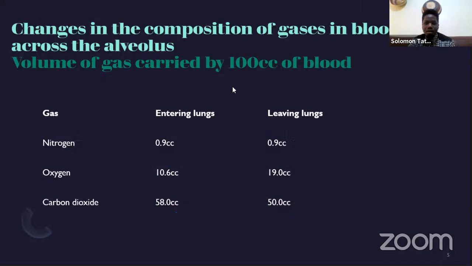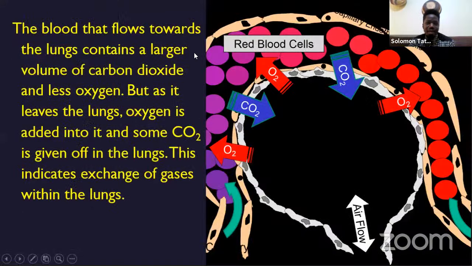Okay. The other thing that we need to talk about is the exchange, about the blood that flows towards the lungs. How come when oxygen leaves the lungs, it is more, and the carbon dioxide that leaves is this? We are going to look at the reasoning behind that.